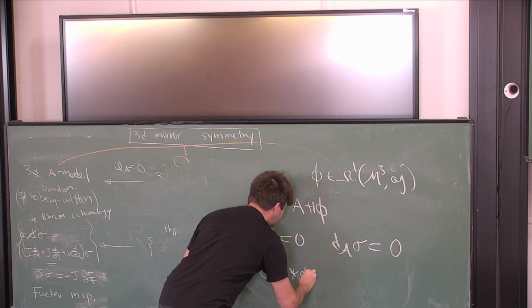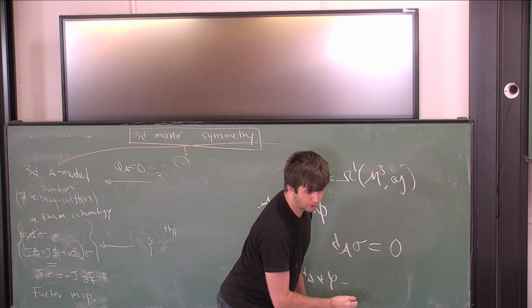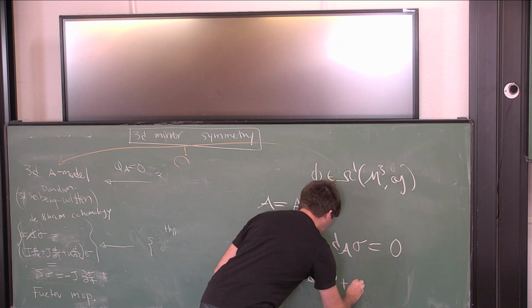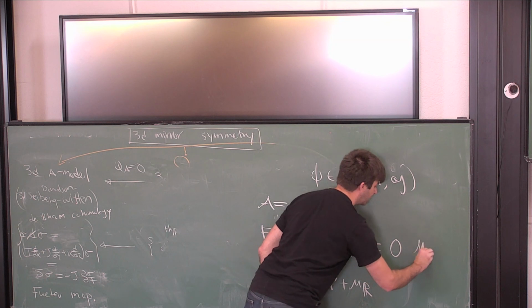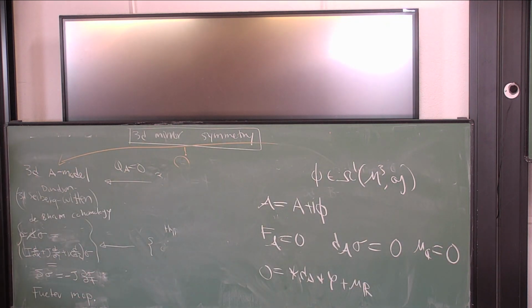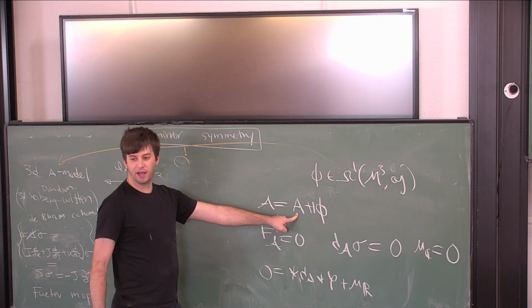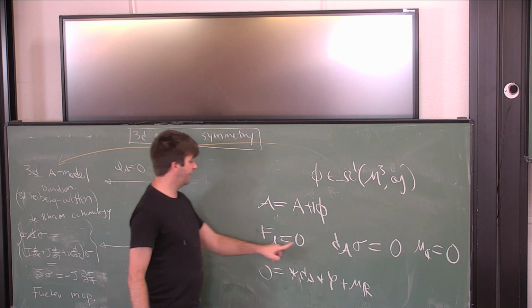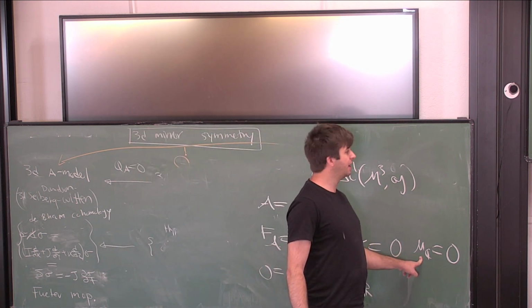d_A star phi plus the real moment map is 0. Oh, sorry. And then the last one is that my complex moment map is 0. So these become the equations. Let me just say what these things mean. This thing now is a complex connection. I'm asking for it to be flat, and then I'm asking for my section to be flat, and then I'm asking for the complex moment map.